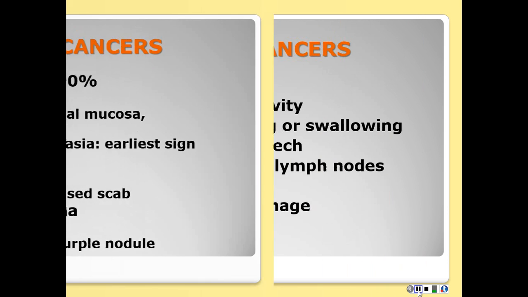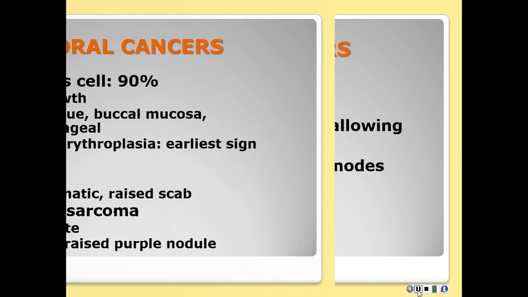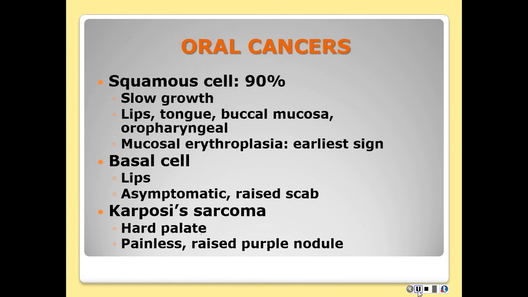So when we're assessing, we're looking for lesions in the oral cavity. Patients may present with, I've got this sore in my mouth, or I'm not able to chew on this side of the mouth. That's how they present to you.